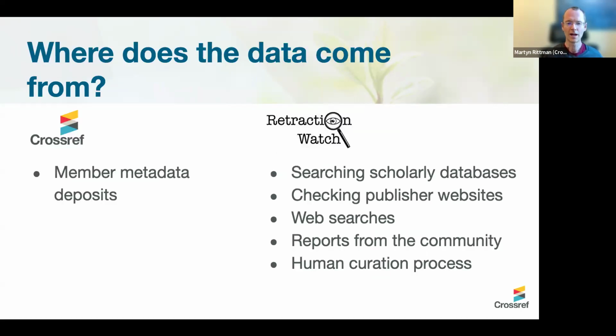So just to look at where retractions come from. On the Crossref side, it's very simple. Our members send us metadata, and if there is a retraction in the metadata, we know about it. If there isn't a retraction in the metadata, we don't know about it. Retraction Watch are doing something that we don't have the capacity and the resources to do in-house, which is to go out looking for retractions. So they're searching in other scholarly databases, publisher websites, doing just web searches, getting reports from people individually, and gathering potential retractions.